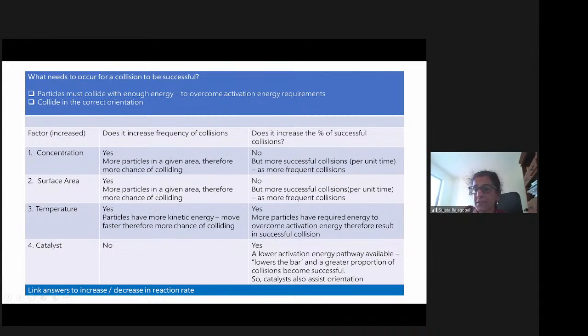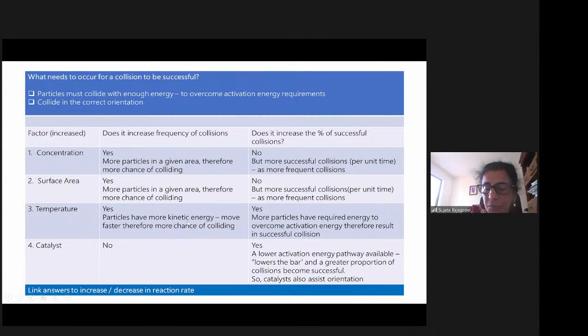Whereas with surface area, you are exposing more particles for collision because you're powdering them. You're not increasing the number of particles, the particles are already there, but by powdering them, you are exposing more particles for collision.